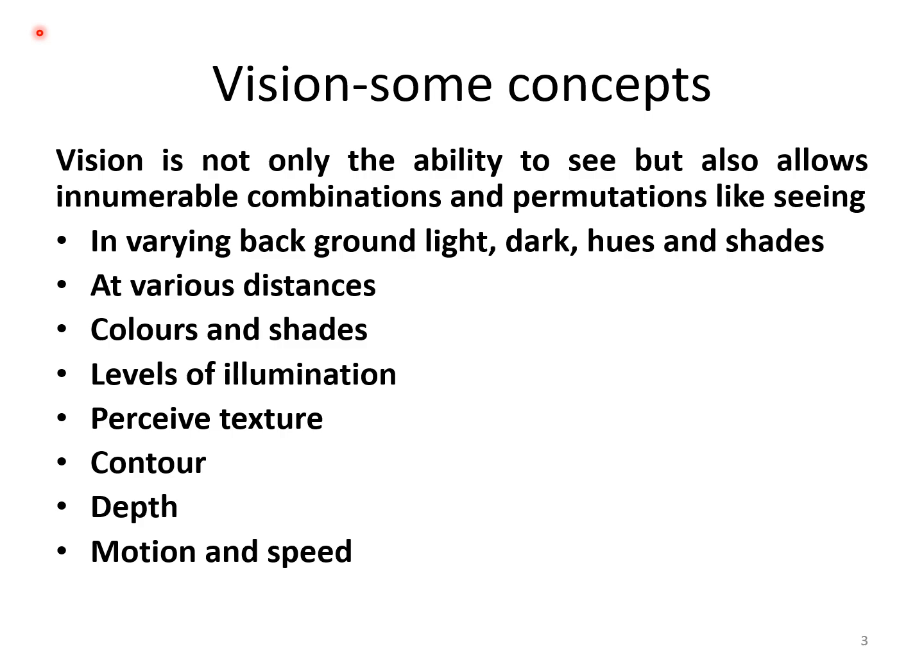Vision is not only the ability to see, but it allows innumerable combinations and permutations like seeing in varying background light, dark hues and shades, at various distances, perceiving various colors and shades, different levels of illumination.